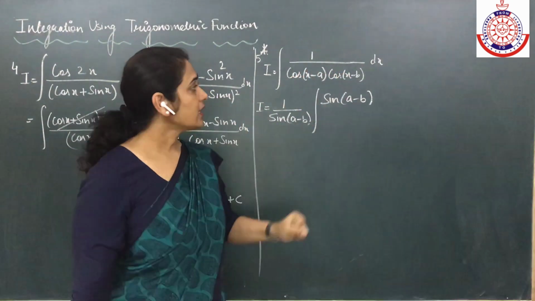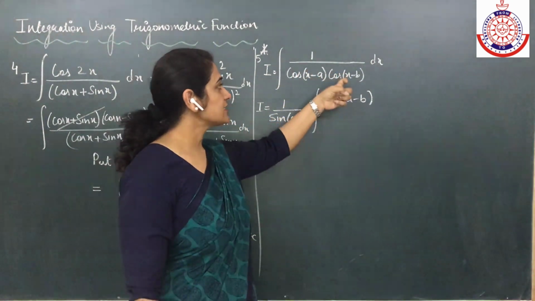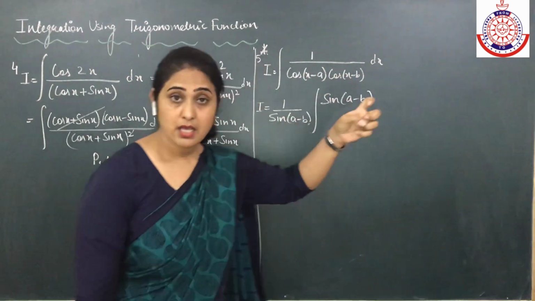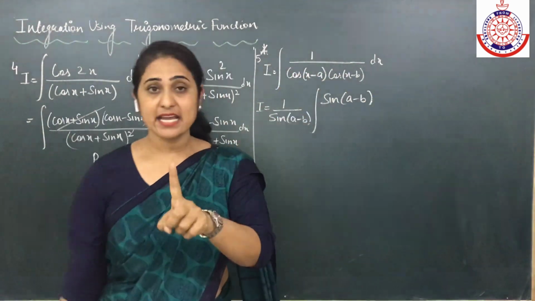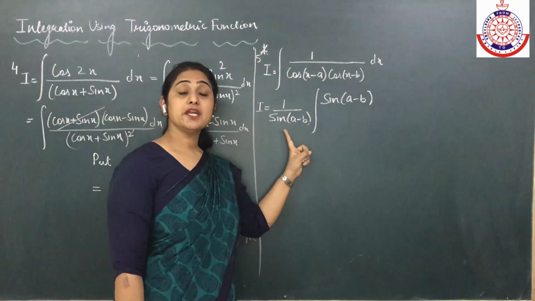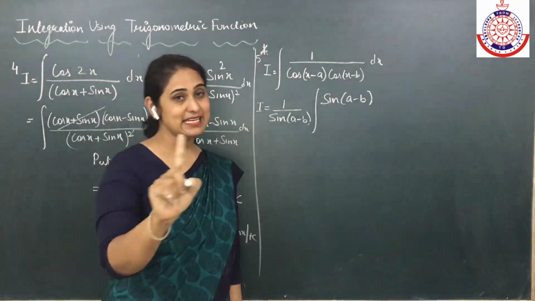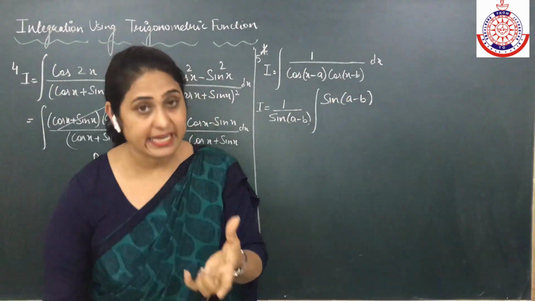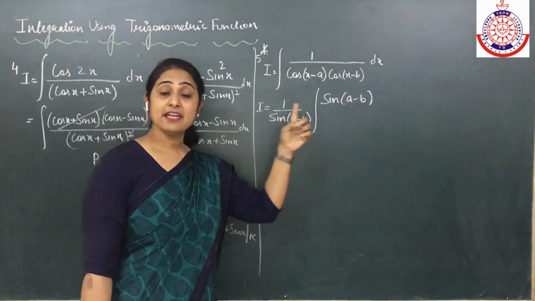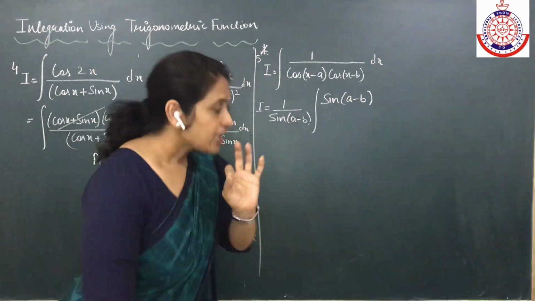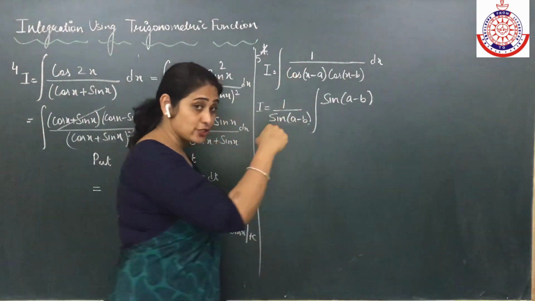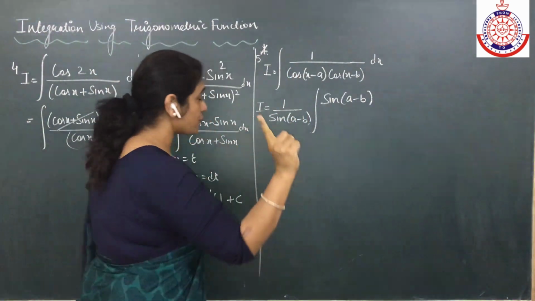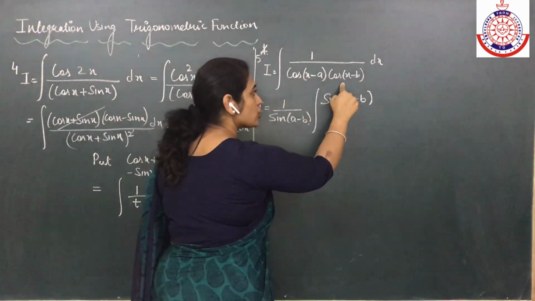Alright, one thing: if your question has both cos and cos or both sine and sine, you would be dividing and multiplying by sine a minus b. If you have either both cos or both sine, you will multiply and divide by sine a minus b. In this kind of questions I am talking about, please put a mark on it.